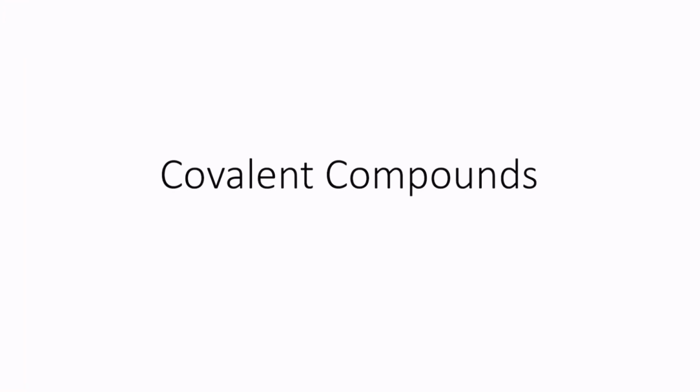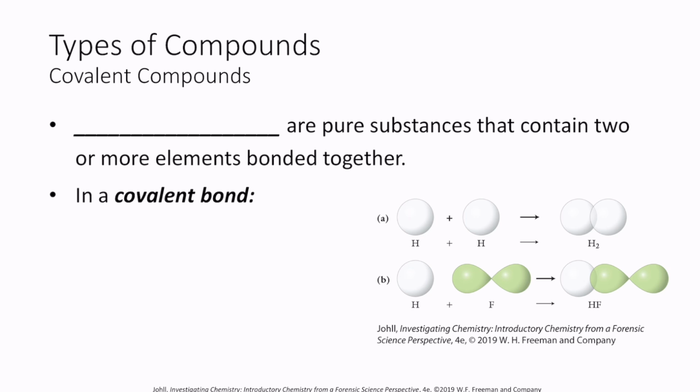In this video, we're going to talk about covalent compounds. If you recall, compounds are pure substances that are going to contain two or more elements, and those elements are going to be bonded together. We have different types of bonds.